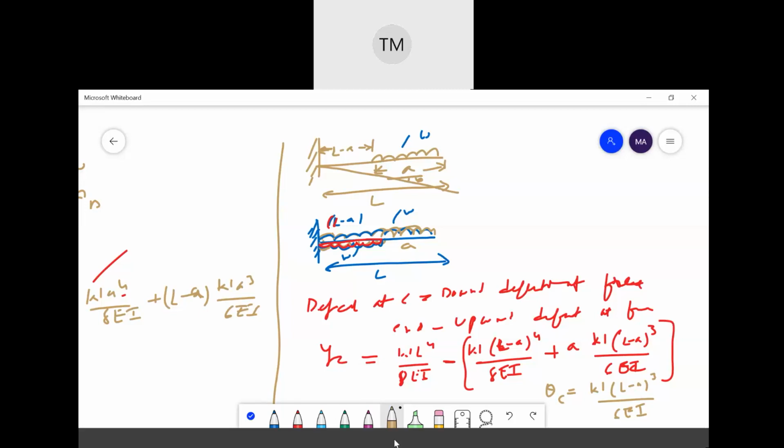Anybody has any doubt? Anyone has any doubt in these derivations?